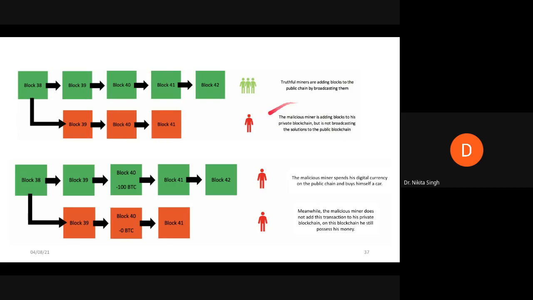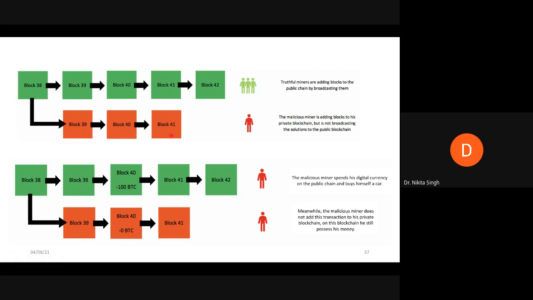But what this dishonest, malicious miner is doing is, even though he is creating the blocks, he is not broadcasting the solutions on the honest chain or the public chain. He is not broadcasting the solutions to the rest of the network. And since he is not broadcasting the solutions, no other miners have any idea that this blockchain also exists.